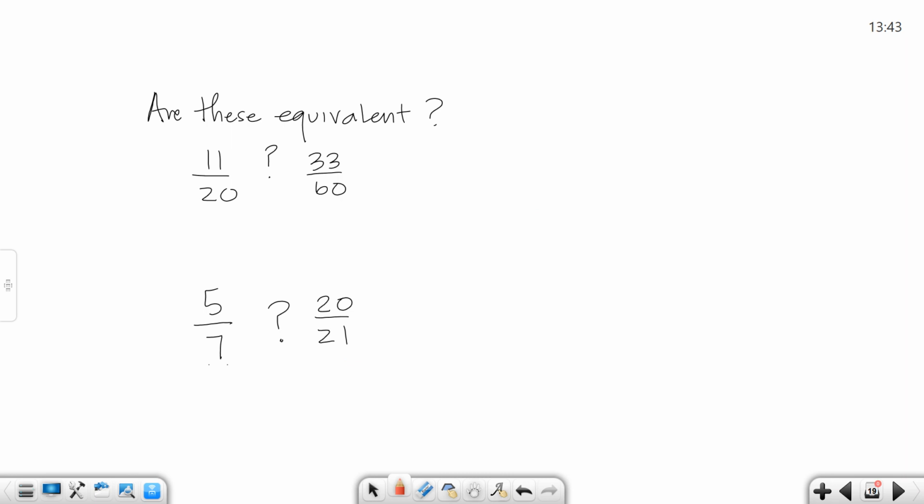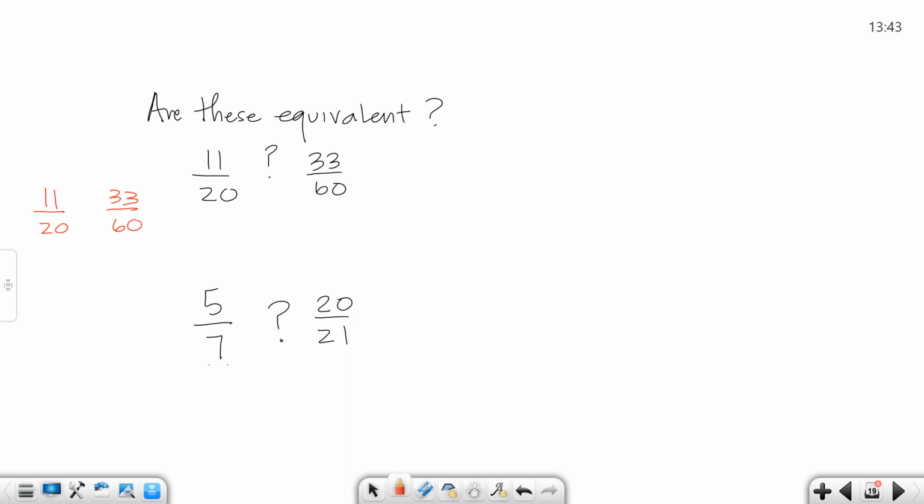Okay, are these equivalent? Okay, there are a couple of different ways that you can do them. You can do the butterfly method, or you can find a common denominator, either way. So I think I'm going to go for the denominator way. So let's look at this 11/20th and this 33/60th.